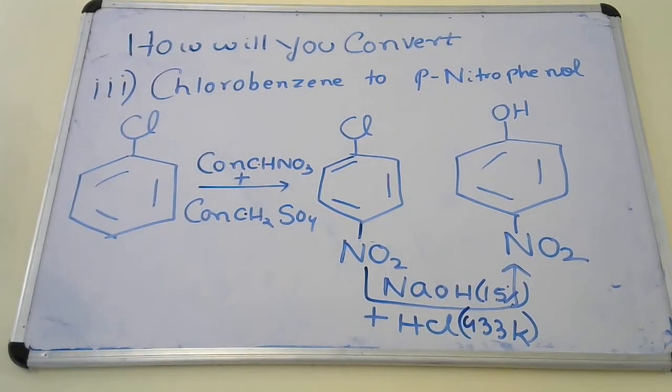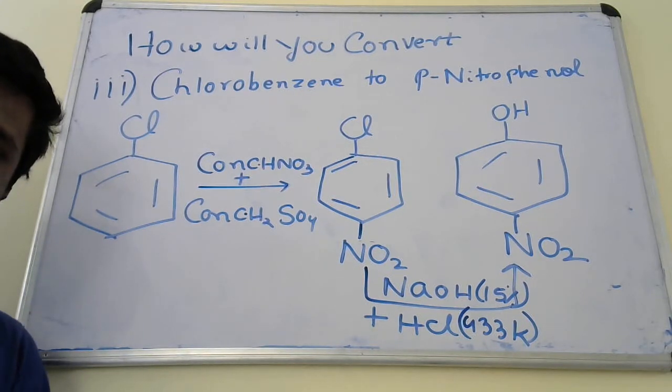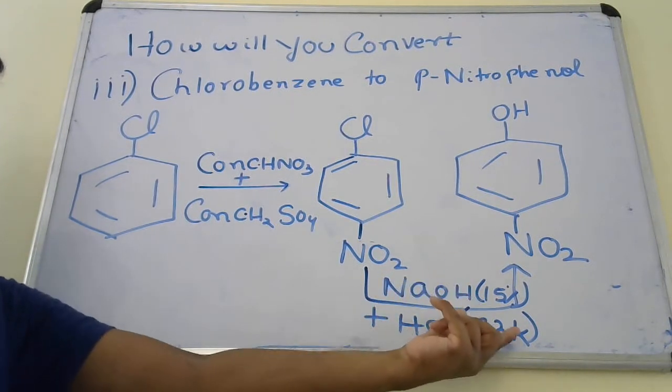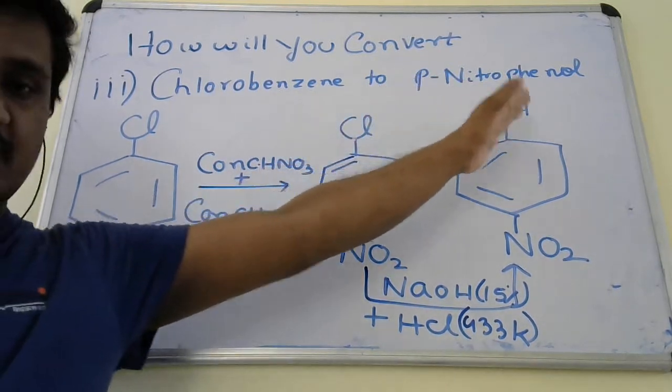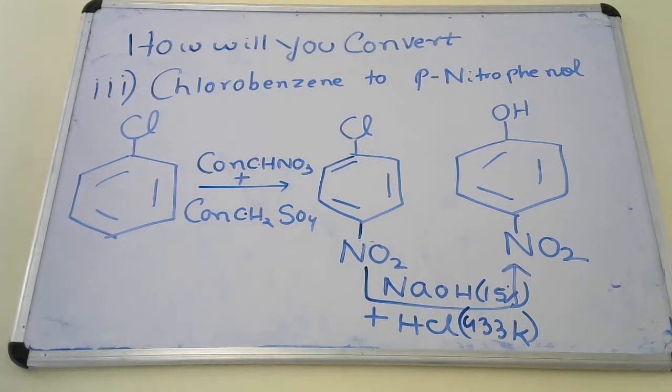What will happen? You know, nucleophilic substitution, or replacement of halogen by OH. When you provide NaOH with dilute HCl at 433 Kelvin, chlorine will be replaced by OH and hence this is the product.